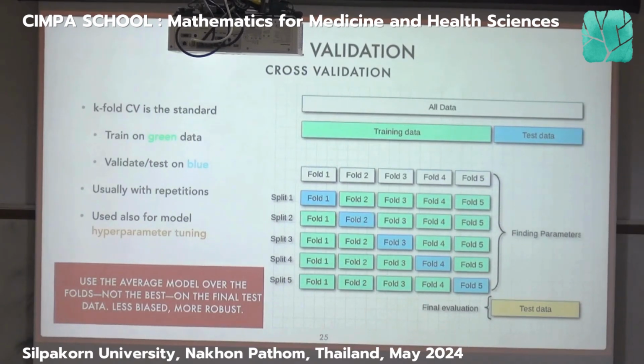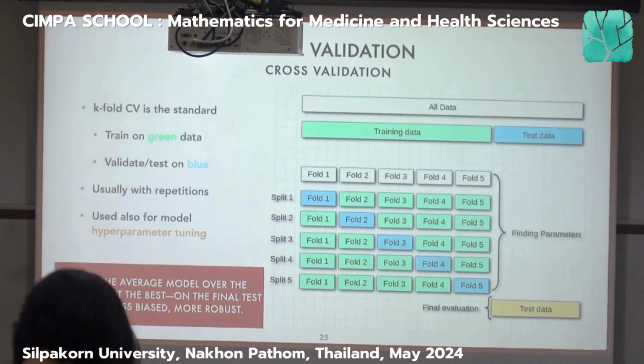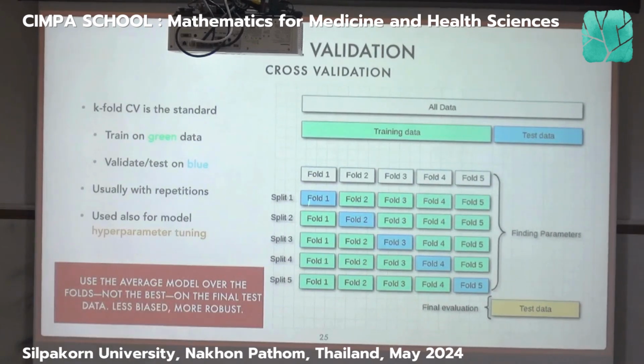Because why are we doing all this? Because you're going to test your model. Your training can give you a false impression of having done a good job. As I said, your training is dangerous because your training is not representative, and because we don't have an infinite amount of data, what we do is we take the data and we pretend that 20% of the data in this case is not used for training.